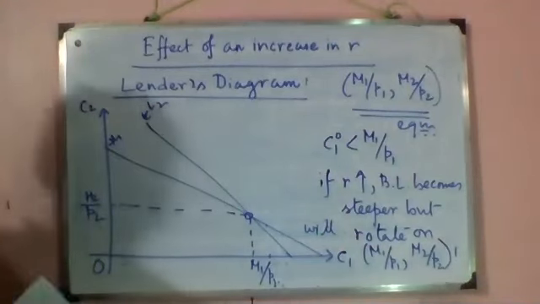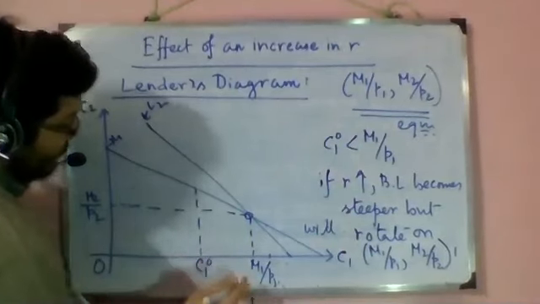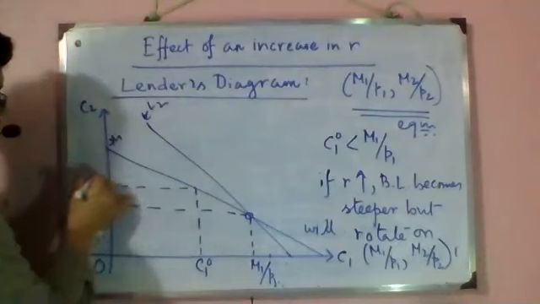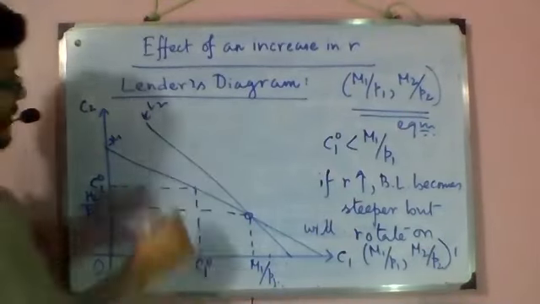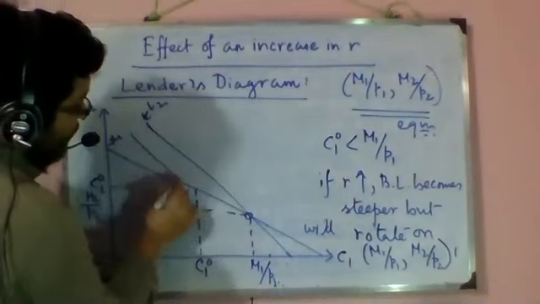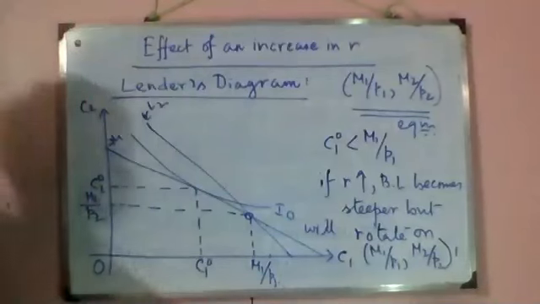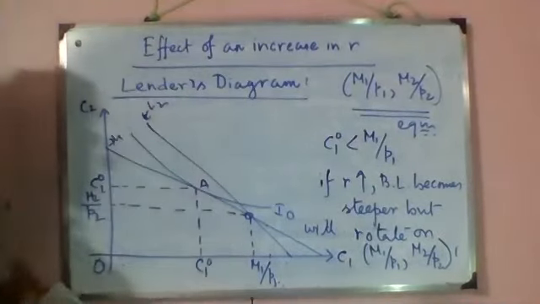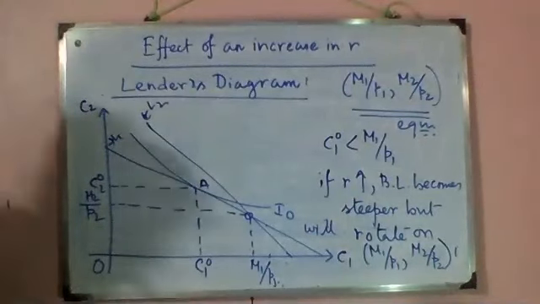Now, lender. So obviously initial C1 naught will be inside, and accordingly we'll get C2 naught. Let us take the initial IC, I naught. So this point A becomes the initial equilibrium point.